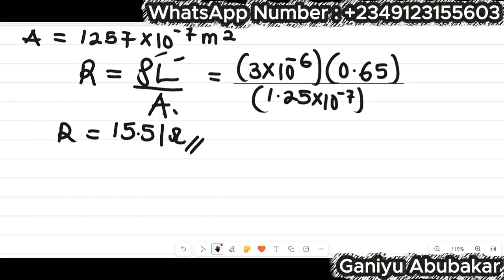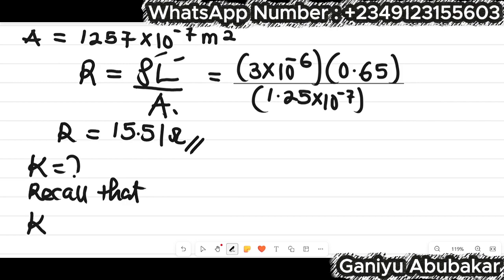What if we are asked to find K? K is conductivity. Recall that conductivity K is the inverse of resistivity, right?